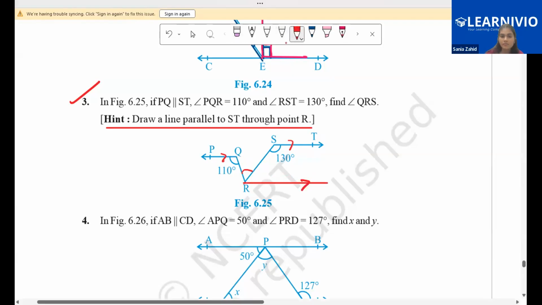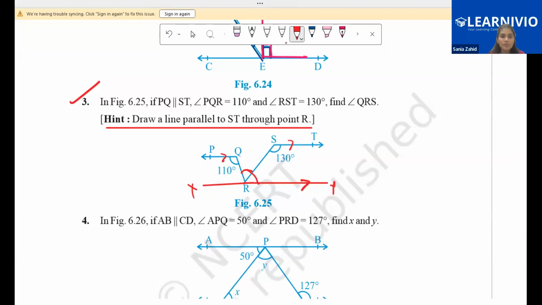So PQ is parallel to ST and ST is parallel to XY. So QRY is equal to PQR, which is 110 degrees. Why so?